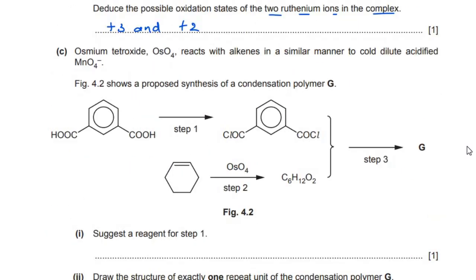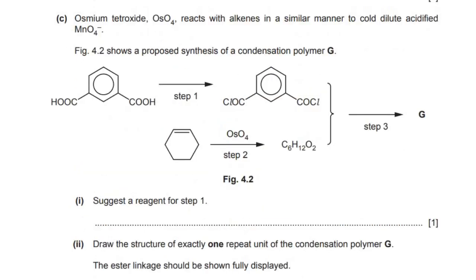Now let's go ahead with the 6th C sub question. It is osmium tetroxide, and the formula is given here. It reacts with alkenes in a similar manner to cold dilute acidified KMnO4.